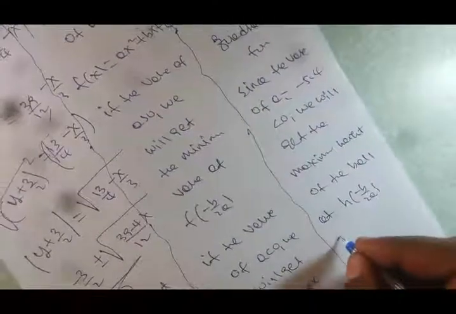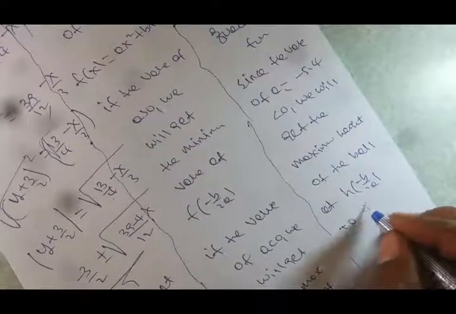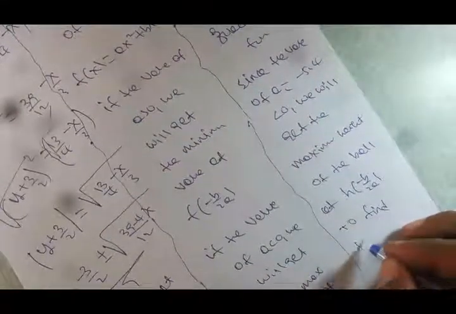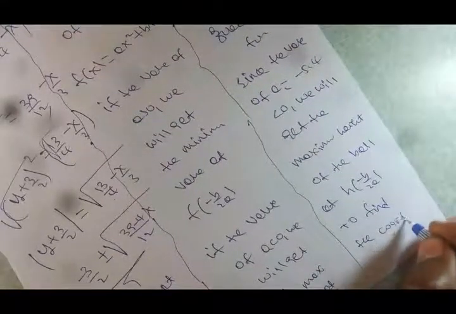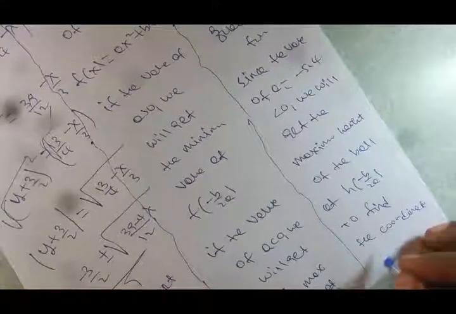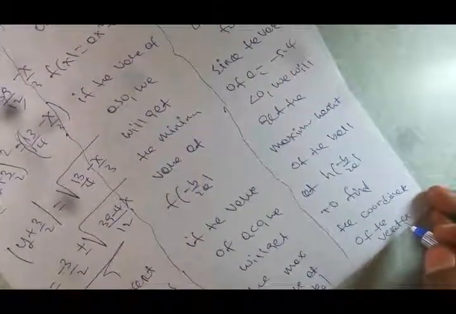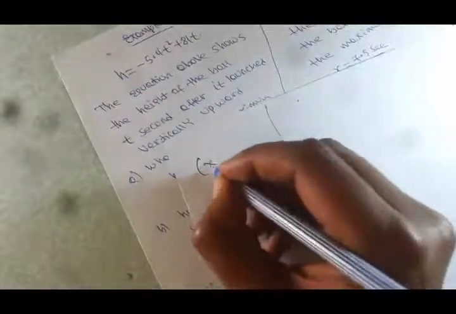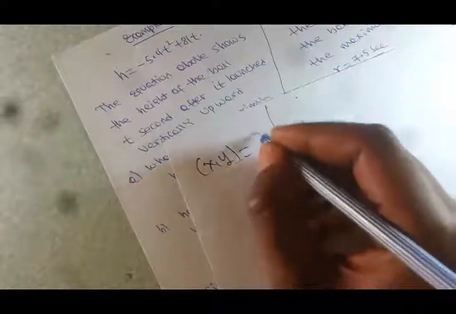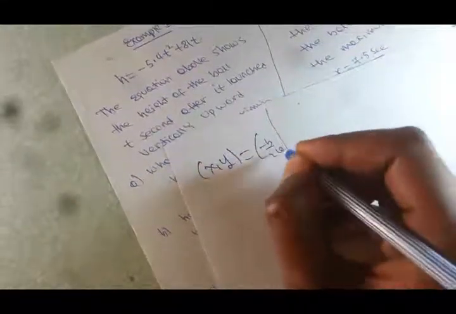So to find the coordinate of the vertex x y, x is equivalent to minus b over 2a and f of minus b over 2a.